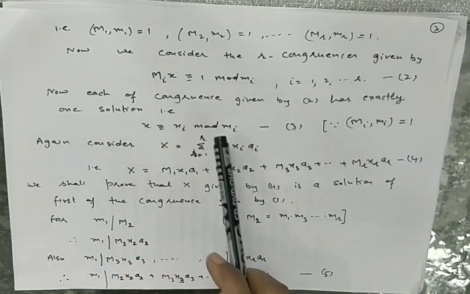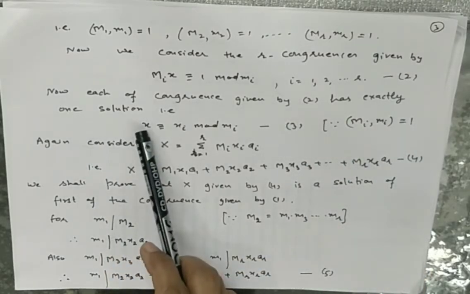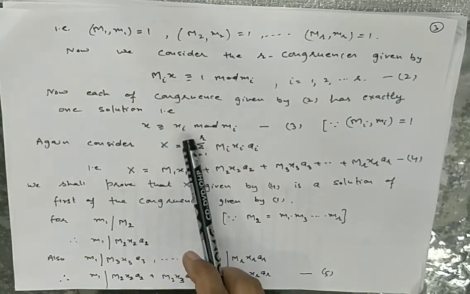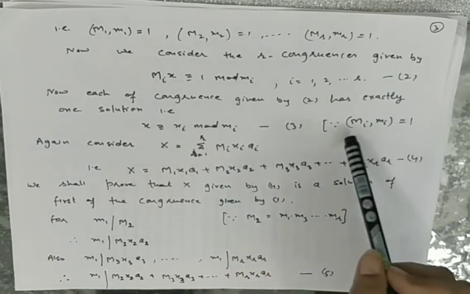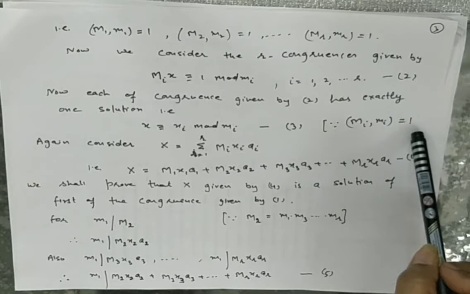Now each of the congruences given by 2 has exactly one solution, that is, x is congruent to xi modulo mi, because capital Mi and small mi are relatively prime.